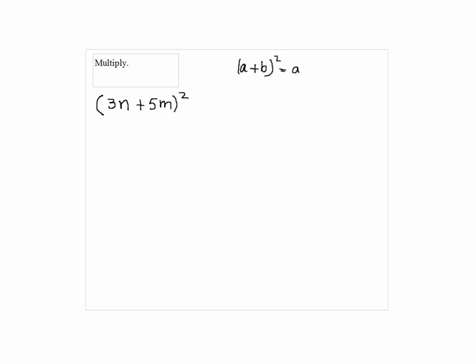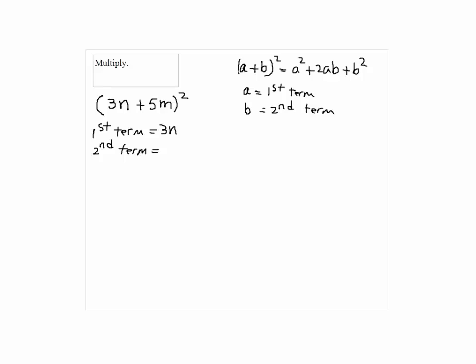Multiply 3n plus 5m to the power of 2. Recall a plus b squared is the same as a squared plus 2ab plus b squared, where a is the first term and b is the second term.